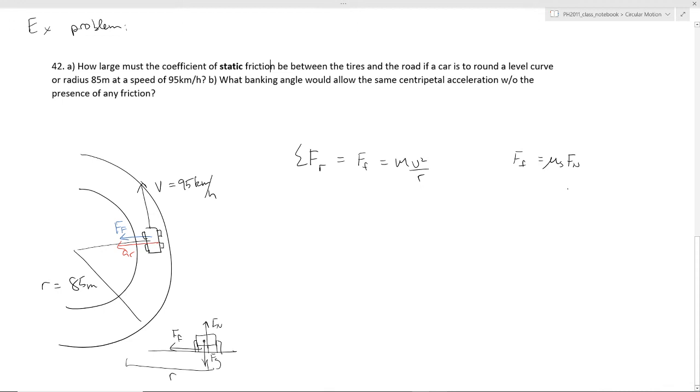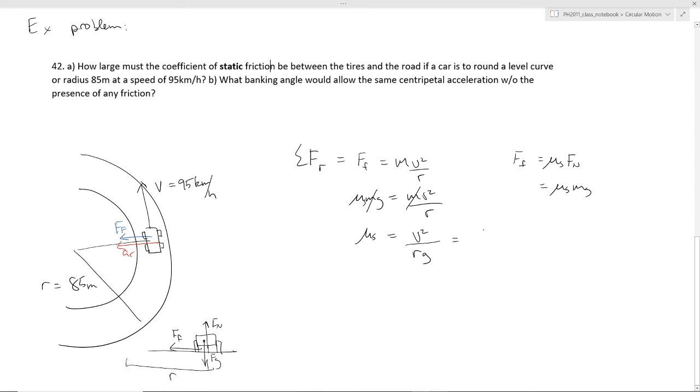The normal force is just going to be mg because this curve is flat. It'll be equal to the force of gravity. We can stick that in here. Okay, so the mass will drop out. We can solve this then for the coefficient of static friction. The coefficient is going to be equal to v squared over rg.